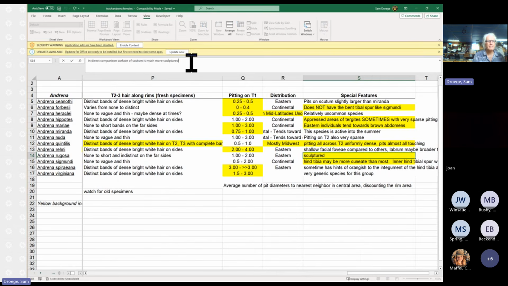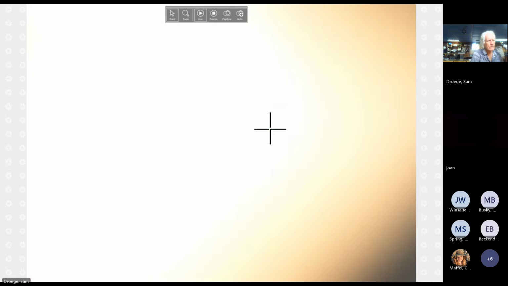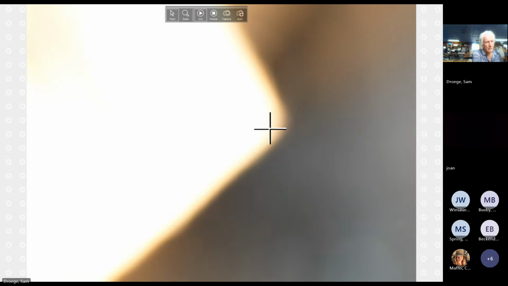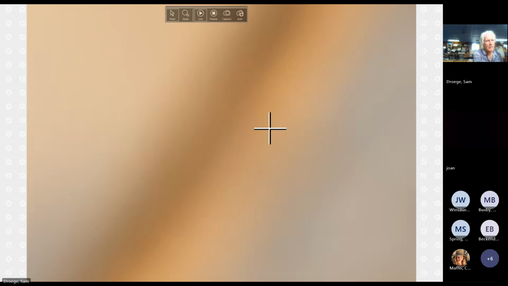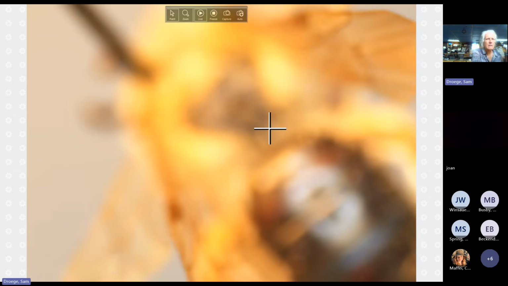I'm going to get rid of that. And make that, I'll change the color later. So let's look at depressed areas. Center it.